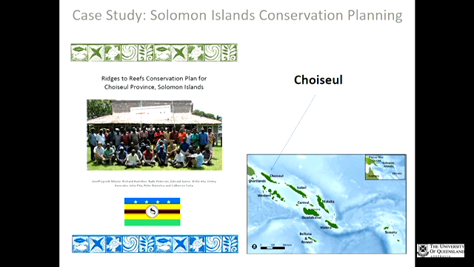It has some of the last remnants of lowland rainforest in the Pacific, so it's really important for biodiversity and the environment. I think it's an interesting case study because it was really a decision-making problem, but GIS was used in a wide variety of ways.